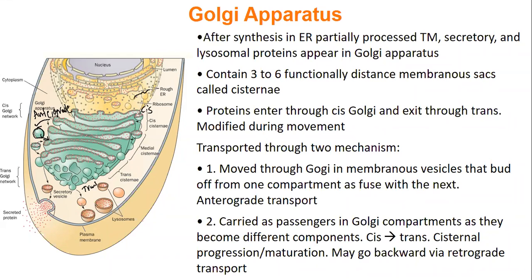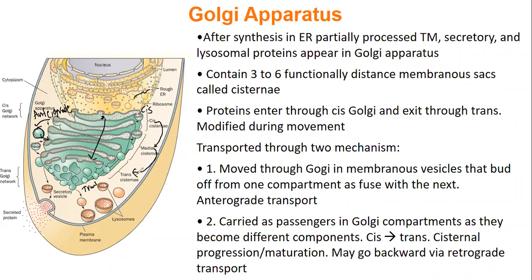While if I travel in my membrane sac, and I just travel along with the sac as it naturally progresses, because these membranes aren't static, the cis will eventually become the medial, and the medial will eventually become the trans.